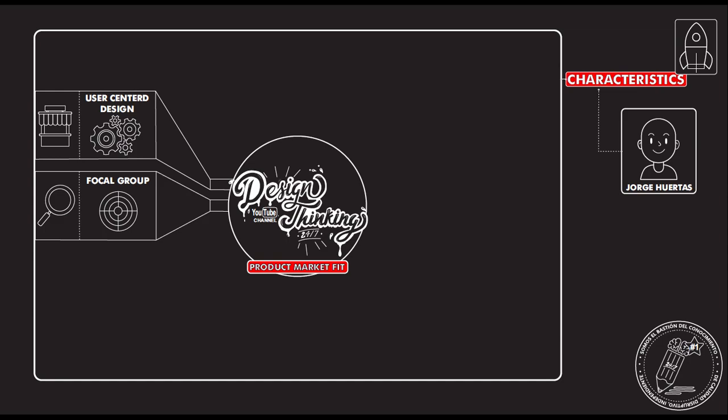If you don't know how to make a focal group, I strongly recommend that you check our channel and find the tutorial because that will help you a lot. It's very important that you analyze the results of the focal group to understand all the characteristics of the user, because that will allow you to understand and be more specific with any kind of development that you are doing.